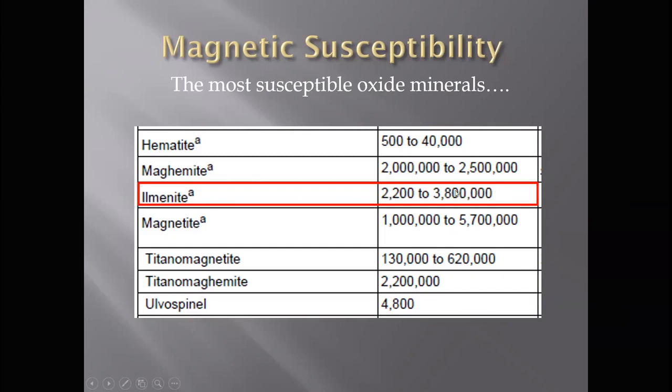So a lot of people overlook the fact that ilmenite can be, in fact, very susceptible, and it can also not be susceptible. It can be very low. So that's the problem with kimberlites. Some of them are highly visible in a magnetic survey, and some of them are not. And that all depends on the iron content and many, many other factors. But ilmenite is the mineral that we're looking at, really, not magnetite.